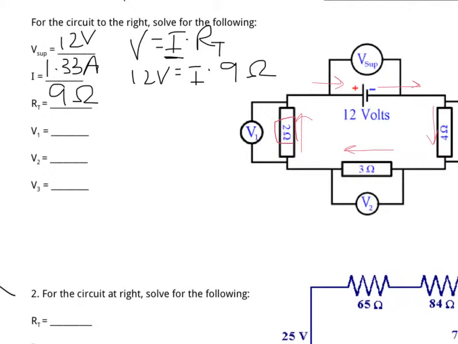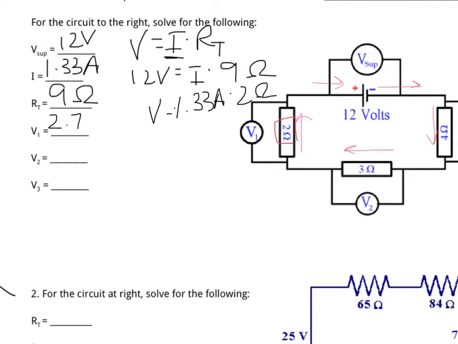So the voltage on this resistor is equal to the current running through the resistor, 1.33 amps, times the resistance of just that individual resistor, which is 2 ohms. So the voltage across resistor 1 is 1.33 times 2, or 2.7-ish.